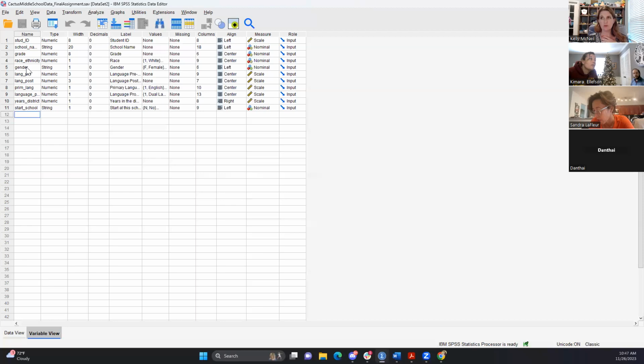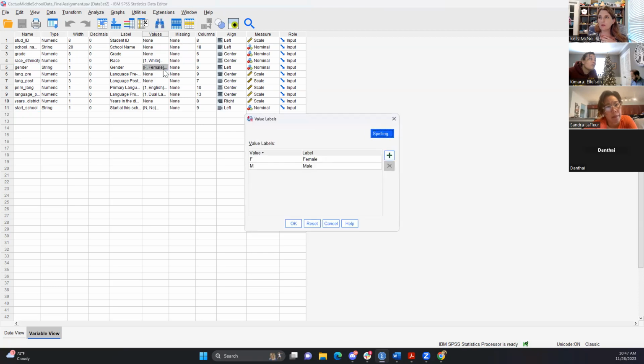I think you have to go to values under gender, and then there should be 3 dots beside female, remember? And then you change it to 0 and 1. Do you change the label or do you change the value? The value, I believe. Yeah, try that. So 0 and 1, let's put 1.